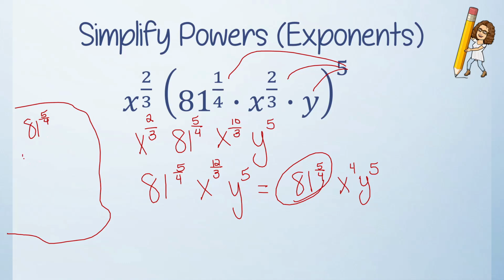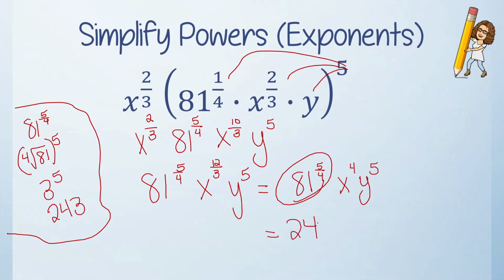So I'm going to change this one. This would be the 4th root of 81 to the 5th. The 4th root of 81 is 3, right? So technically, that's 3 to the 5th. And 3 to the 5th is, looking at my card here, 243. So this 81 to the 5/4 simplifies to 243.